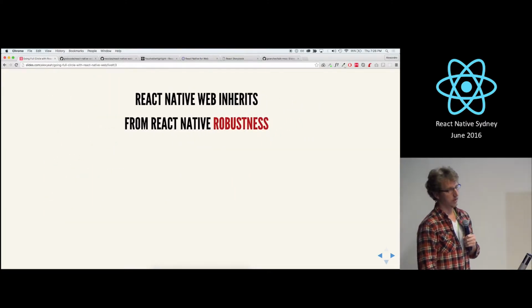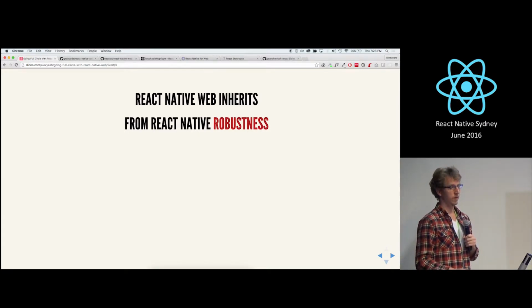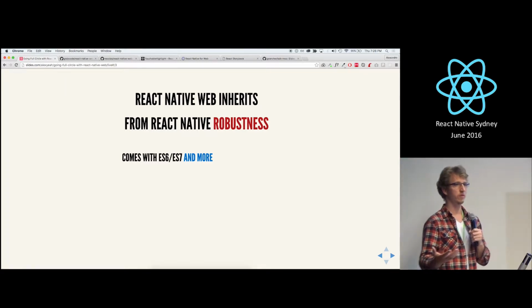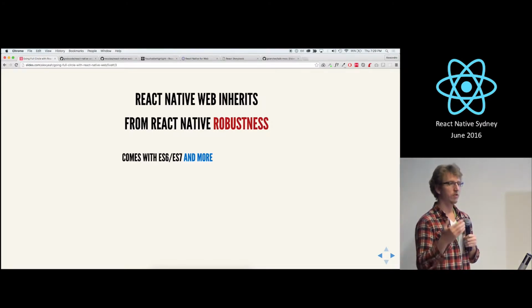Why? Because I personally believe that React Native comes with robustness. Out of the box, you get all the freebies of JavaScript. You get ES6, ES7, not everything, but you can actually add them.